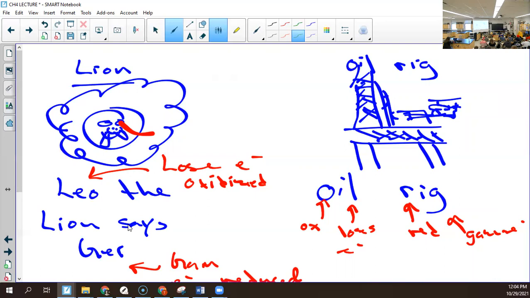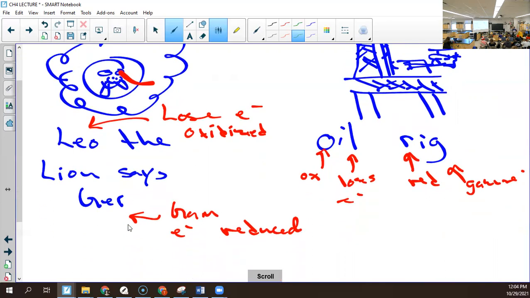That's about as good as you're going to get from Mr. Davidson. Leo, lose electrons, oxidize. Tell your partner what you think GER is. Reduced, you mean? Yeah. Okay. If you gain an electron, you're reduced. So lose electrons, oxidize, gain electrons, reduced.